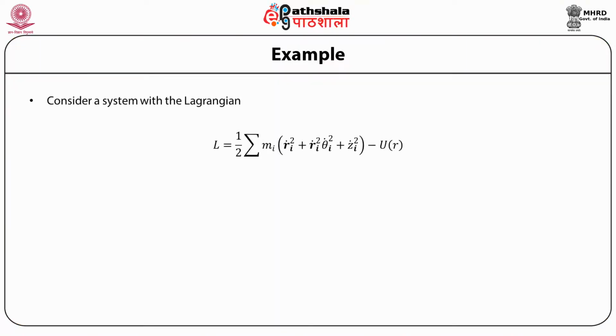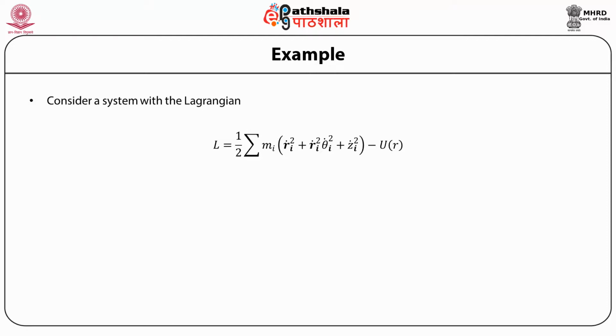Let us consider the example of a system whose Lagrangian is given by L = 1/2 Σ_i m_i (ṙ_i² + r_i² θ̇_i² + ż_i²) − U(r).